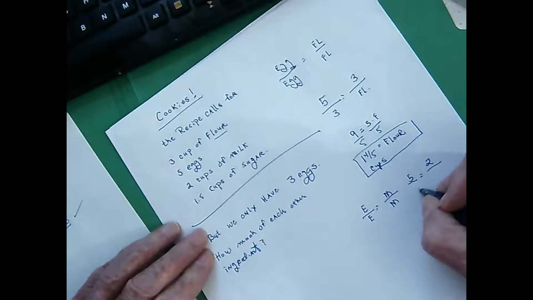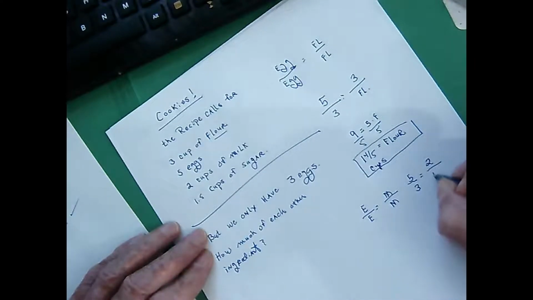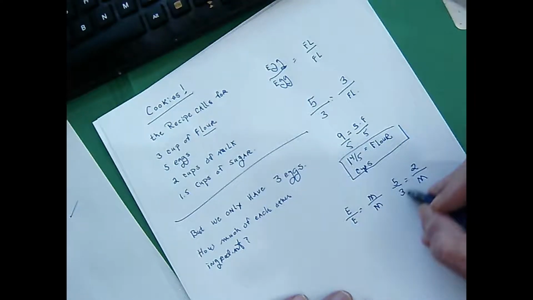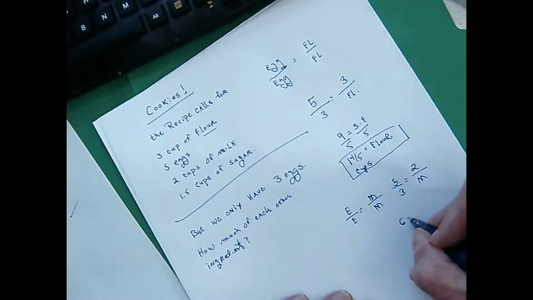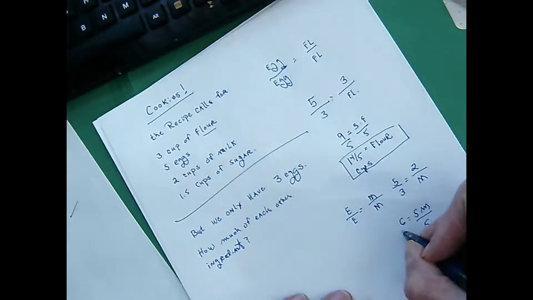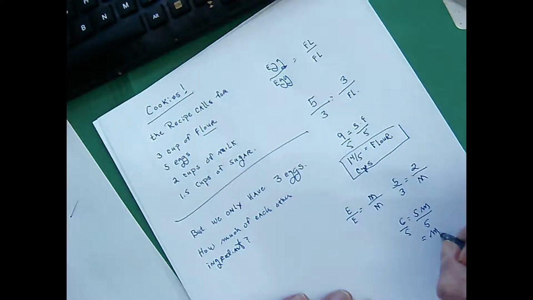But I've only got 3 eggs, so how much milk do you want to use? What we'll remember is we'll cross multiply. 2 times 3, we got 6, is equal to 5m. Solving for m, we divide both sides by 5. And it looks like the amount of milk ought to be 6/5 of a cup. That would be really 1 1/5 cups.